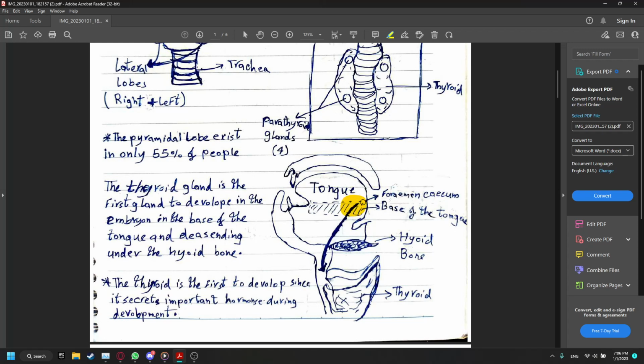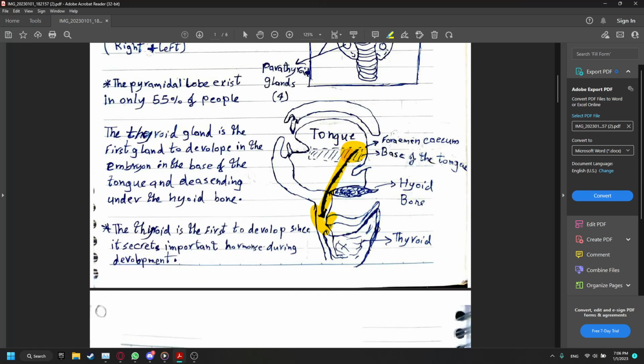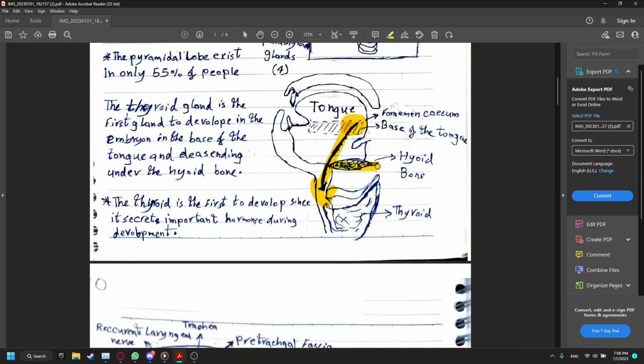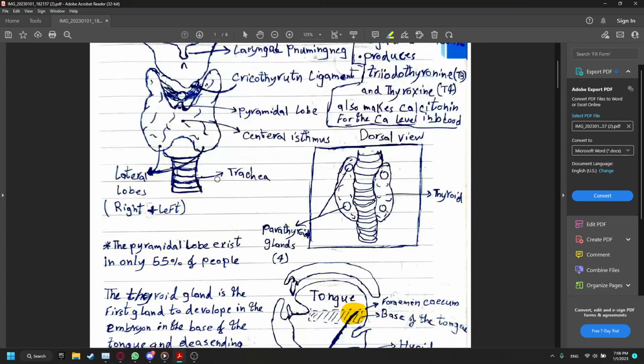But as the embryo develops, it descends to below the hyoid bone. This is the hyoid bone, by the way, and this is the thyroid here. So it descends into the thyroid area. Okay, we covered these two.